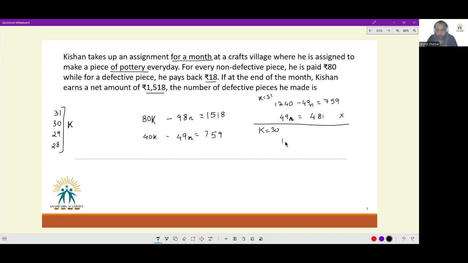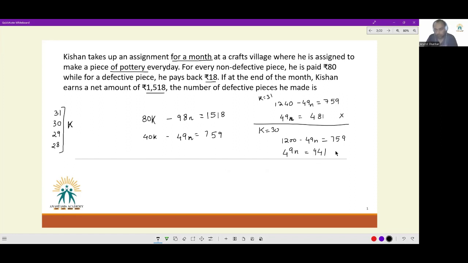Let us now check at k equal to 30. We'll get 1200 minus 49n is equal to 759. It gives us 49n should be equal to 441.